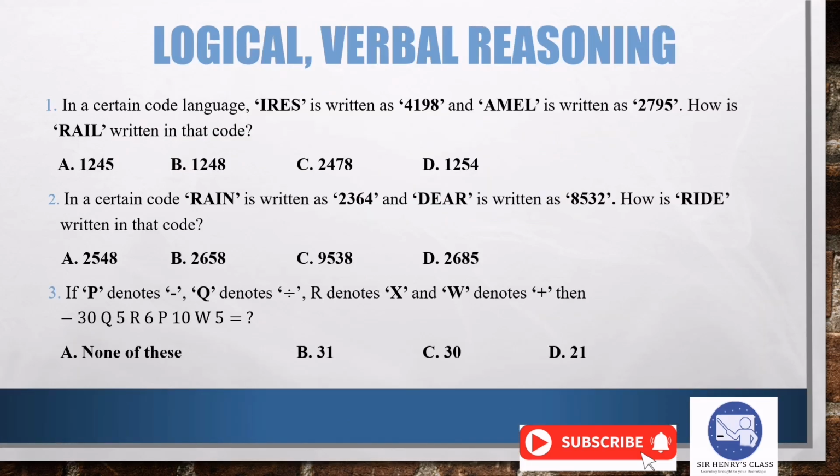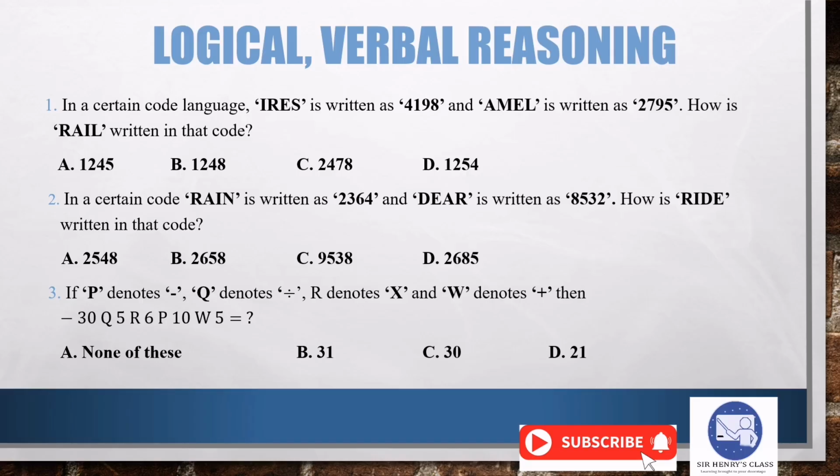So the first question says, in a certain code language, IRES is written as 4198 and AMEL is written as 2795. How is RAIL written in that code? This question is testing your knowledge on mapping.